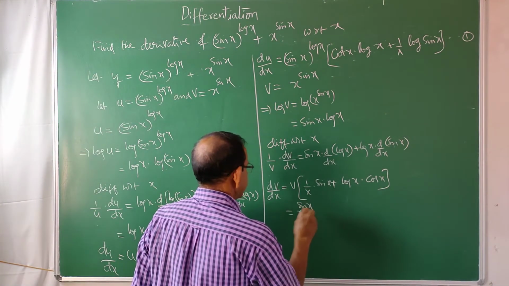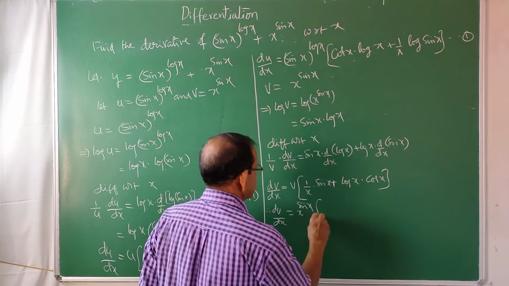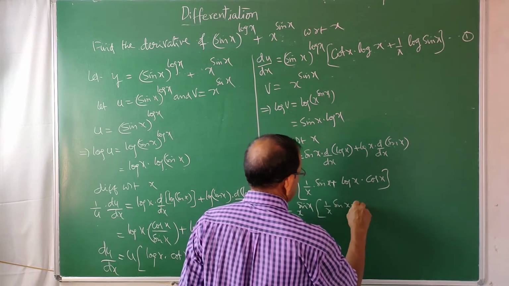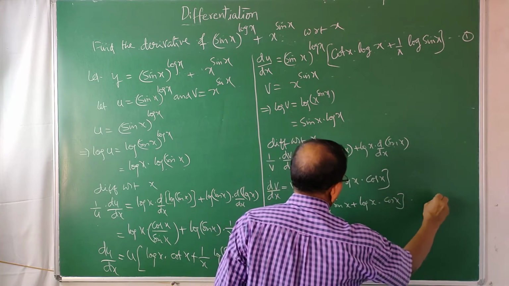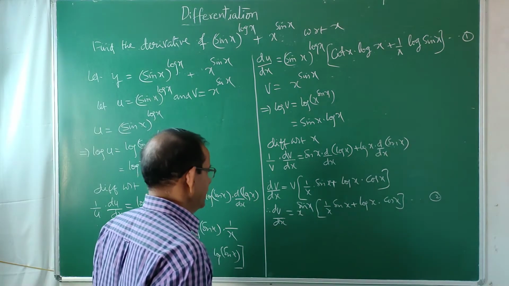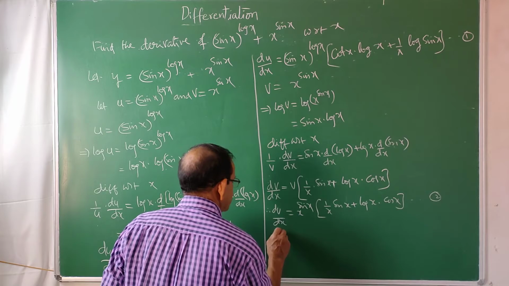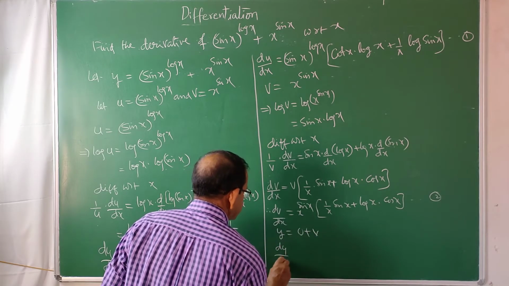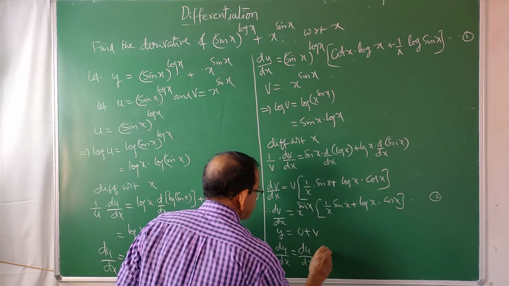Therefore dv by dx is equal to x power sin x into 1 by x into sin x plus log x into cos x. You take it as 2. Now y is equal to u plus v. Then dy by dx is equal to du by dx plus dv by dx.